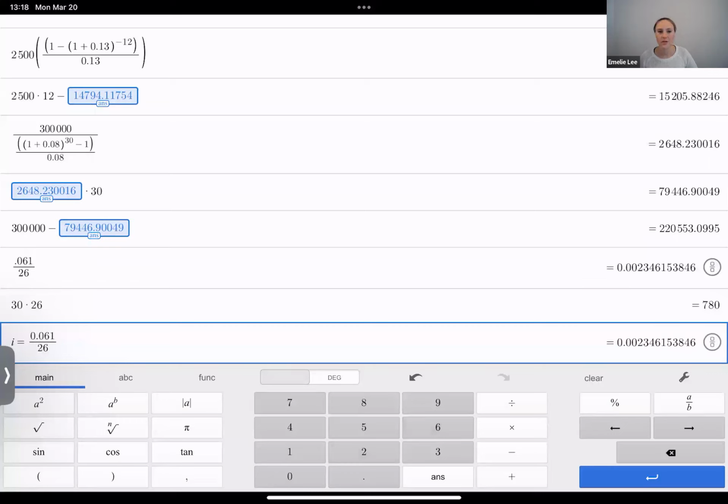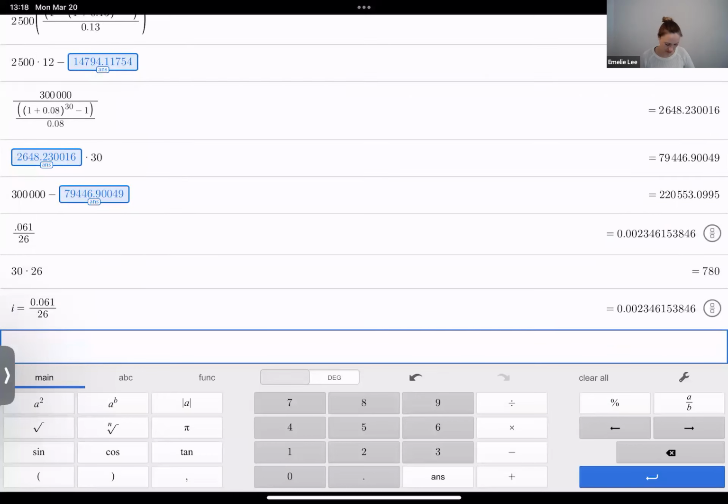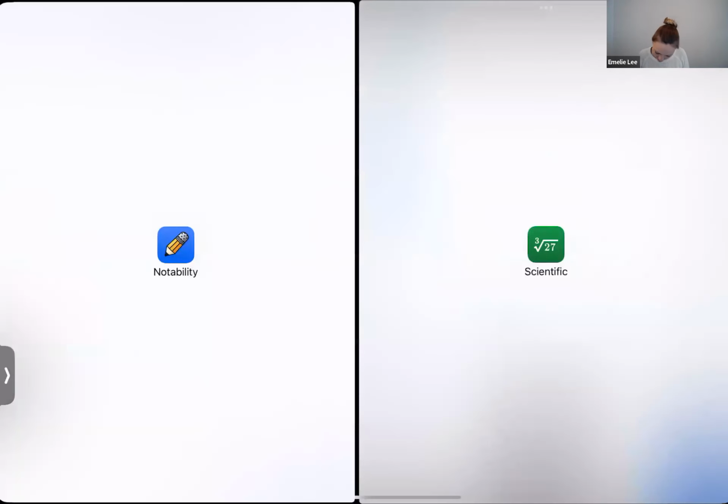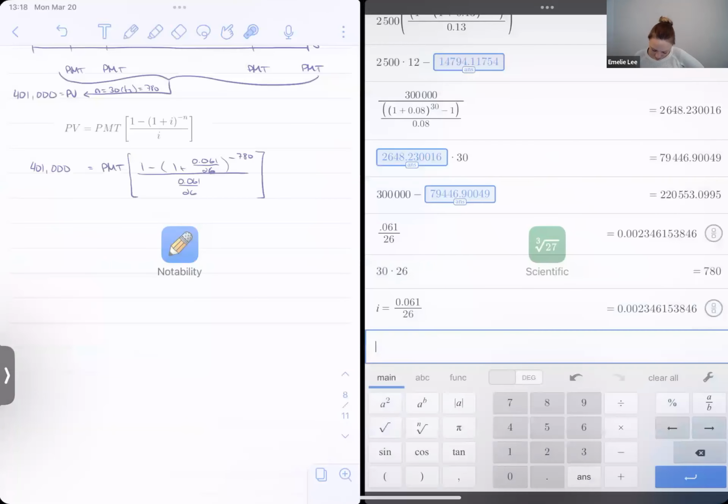Okay. So now I have that I. So whenever I type I into my next formulas, I'm going to be able to refer to it that way. Okay. So that's what I wanted to do. And then put this over here because I need to see. Okay. I have 1 minus 1 plus I. Okay, so it recognizes I.